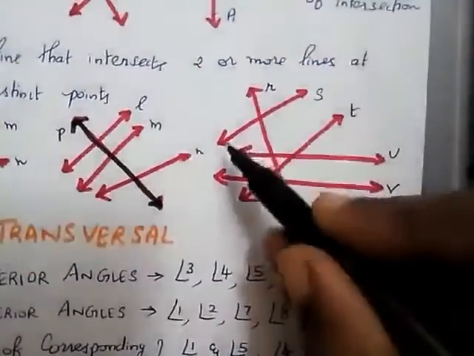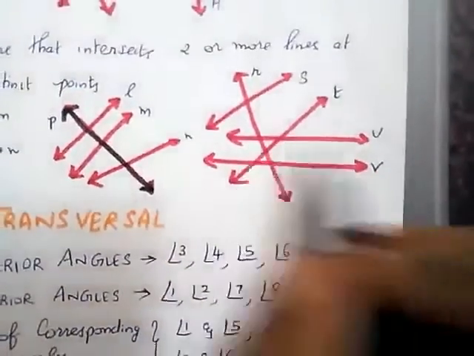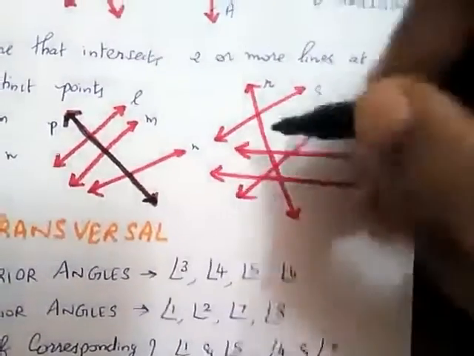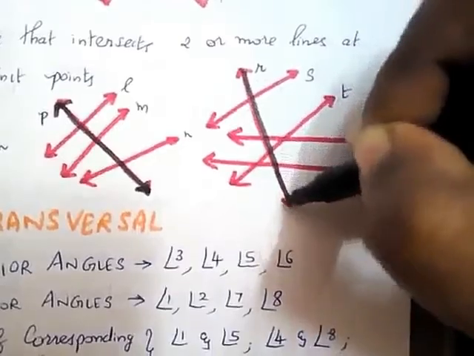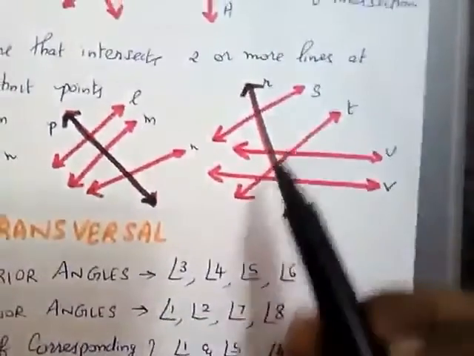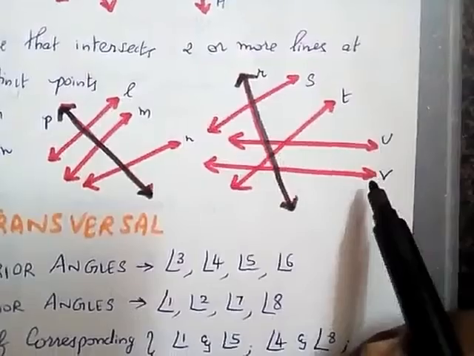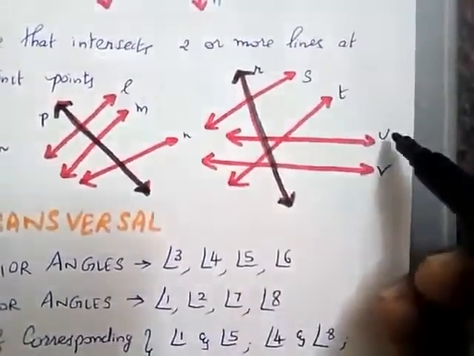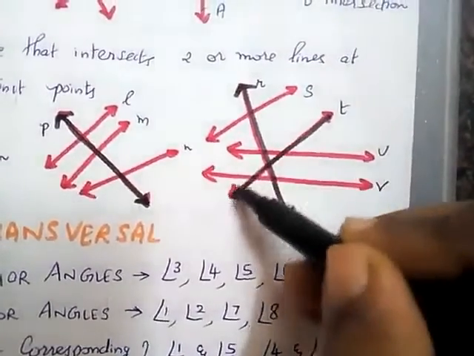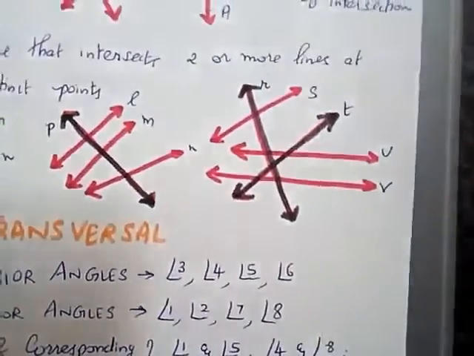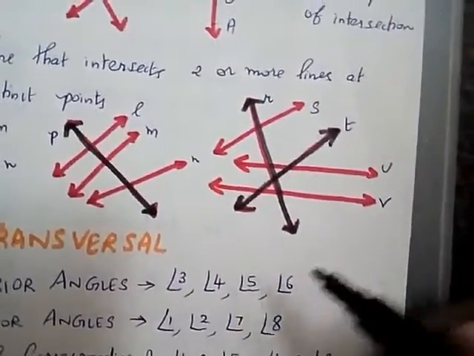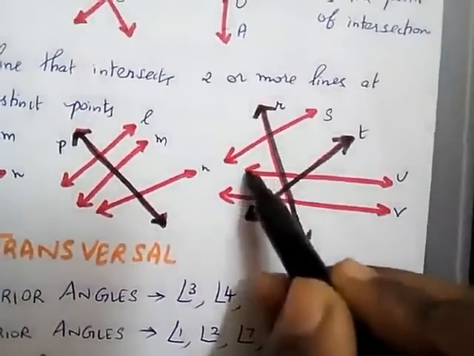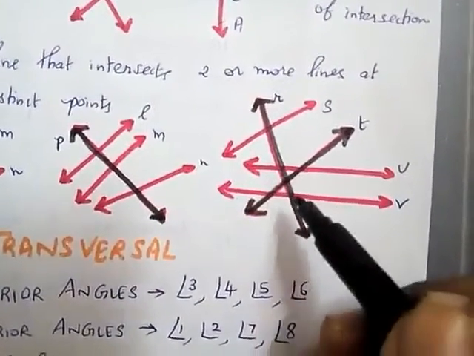Over here we have parallel lines S and T and parallel lines U and V. These are intersected. For example, for lines S and T, R is the transversal, which is also the transversal for U and V. Likewise, T is the transversal of only U and V. Moreover, for these two lines R and T, UV is a transversal as it intersects two lines at two distinct points.